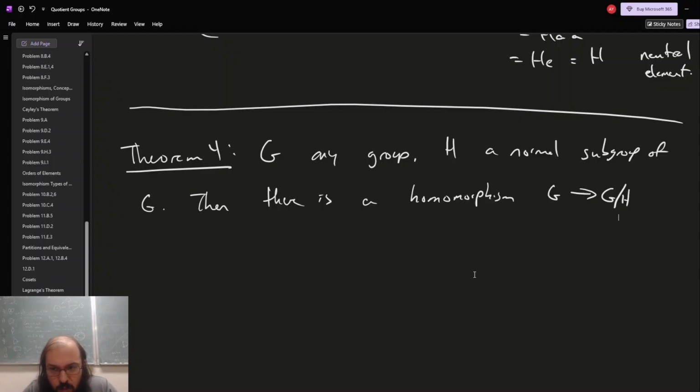And actually, what we'll do in the near future is show that every homomorphic image can be obtained in this way. But for now, one result at a time.